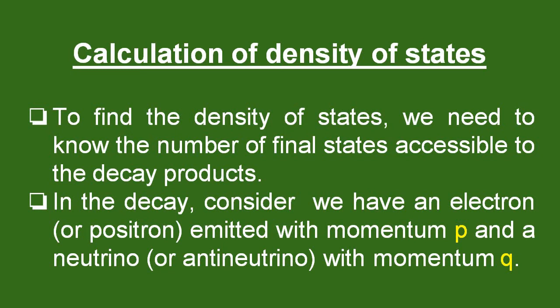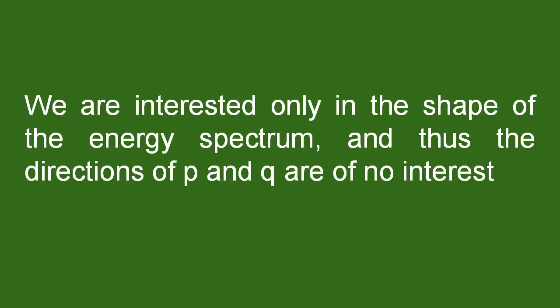Okay. So in the decay, consider we have an electron or positron emitted with momentum p and a neutrino or antineutrino with momentum q. And we are now interested only in the shape of the energy spectrum, and thus the directions of p and q are of no interest. Actually, you can see that there is a particular direction for the emission of electron, another direction for antineutrino or neutrino, whatever it may be.